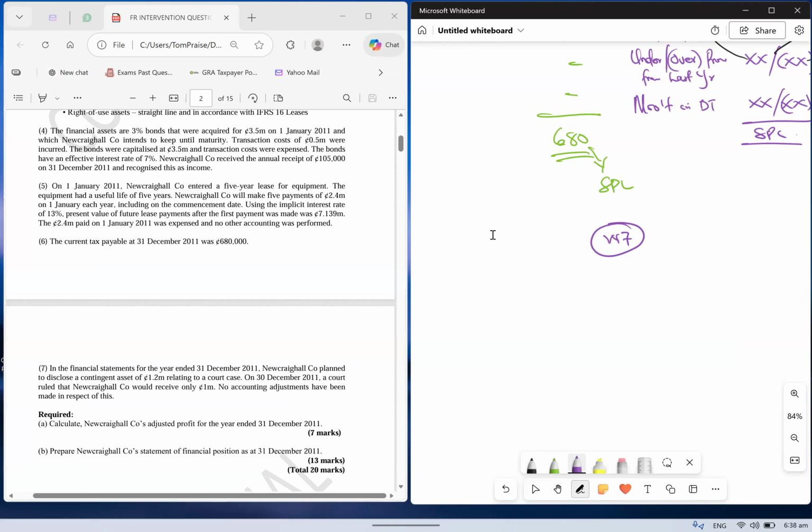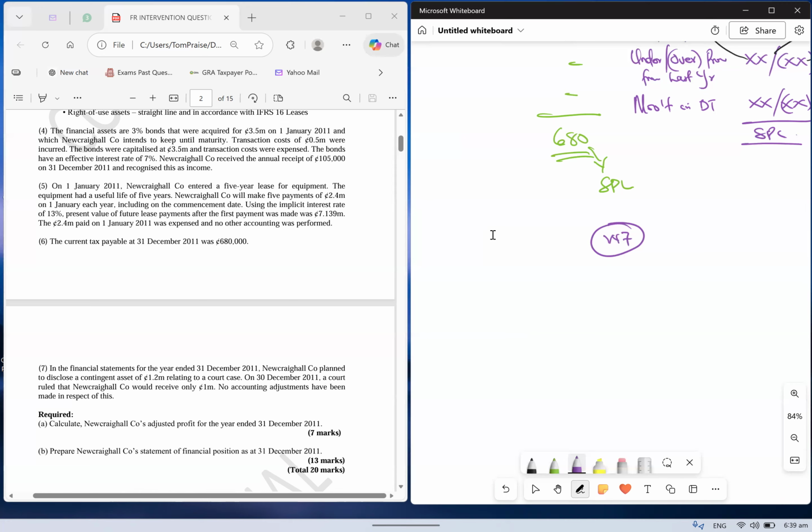All right. So this one says that in the financial statement for the year ended 2011, New Cracor planned to disclose a contingent asset relating to a court case. In December, the court ruled. Now, if the court has ruled, then it doesn't remain contingent anymore. They ruled in December of our year, and they ruled that Craig Hall would receive 1 million.